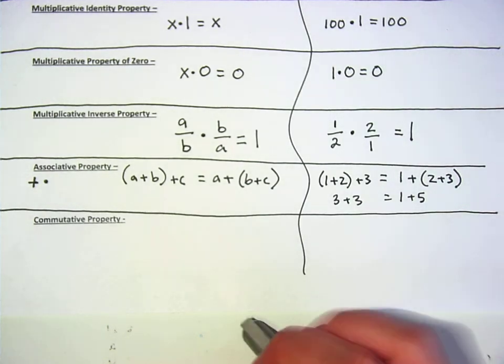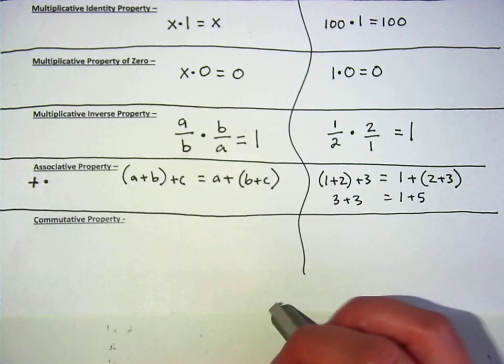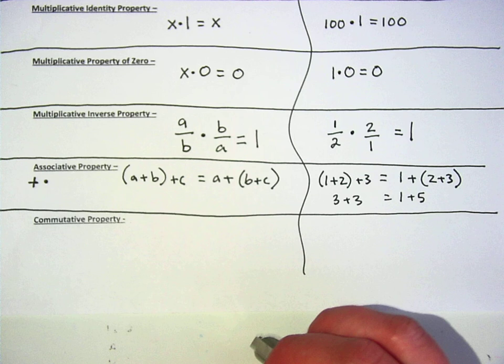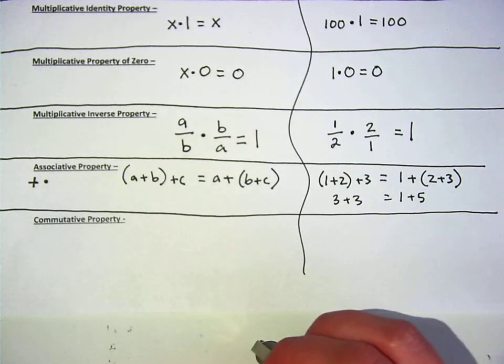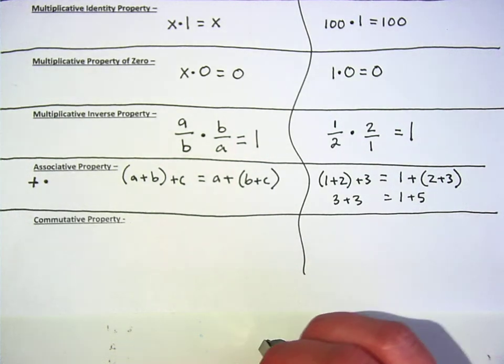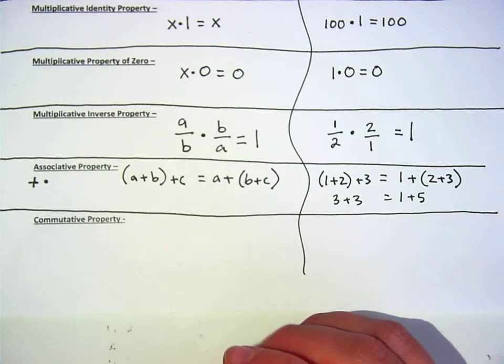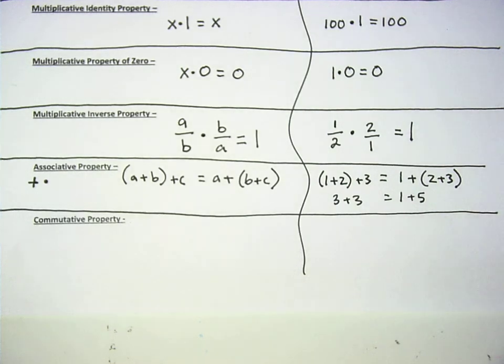The last one is the way, let me make sure I have this right. The order in which you do it. And the other is, I always get confused about the difference between these two.